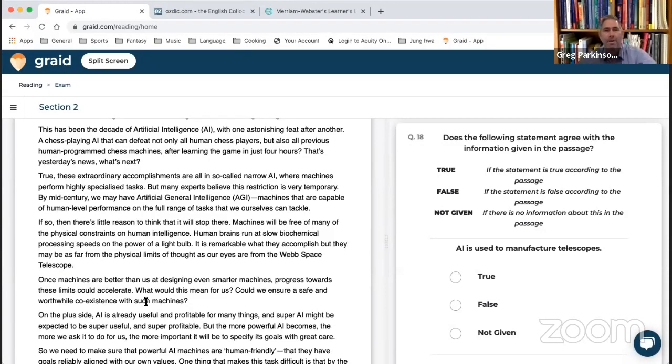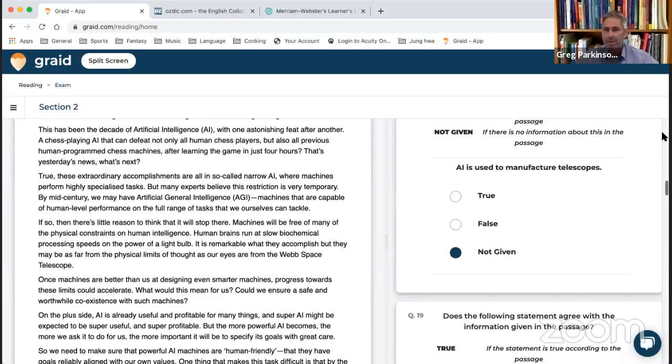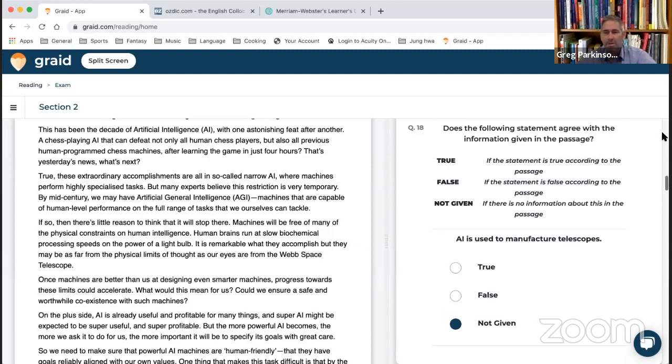No. So we have scanned over these two paragraphs, and the only mention of telescopes was in this sentence where it said, it is remarkable what they accomplish, but they may be as far from the physical limits of thought as our eyes are from the Webb Space Telescope. So hopefully at home, you've also realized that that information is not given. All right, so I'll just make sure that that's listed as not given. Well done. So the information is not in the passage.